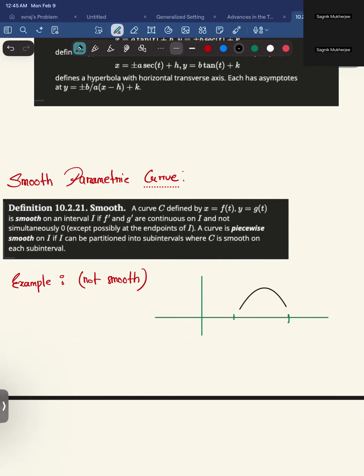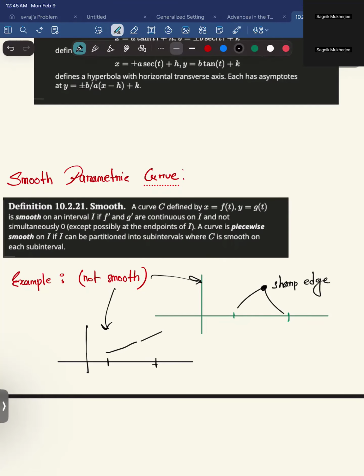No, don't smooth it out. See, sharp edge, not smooth, or maybe some discontinuity. Also not smooth.